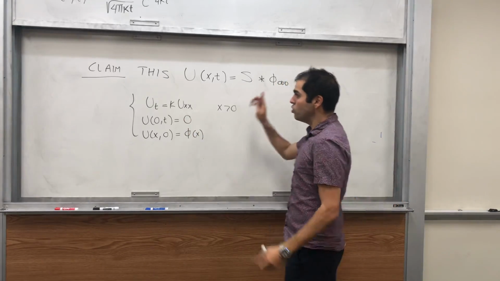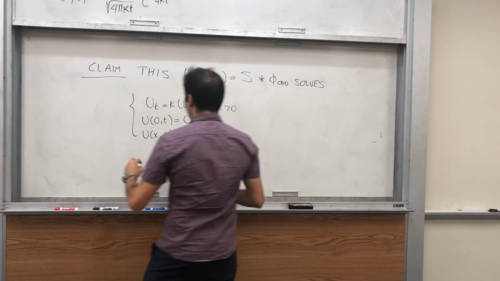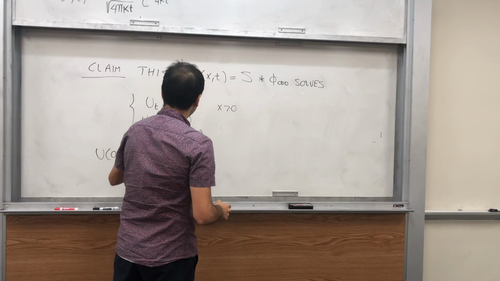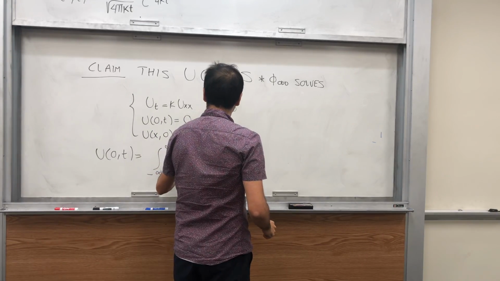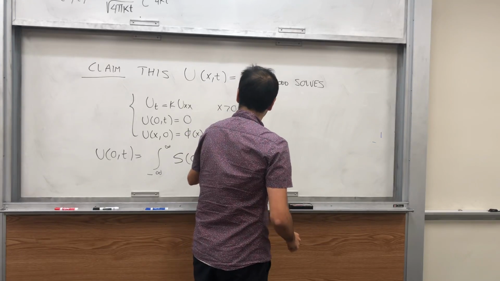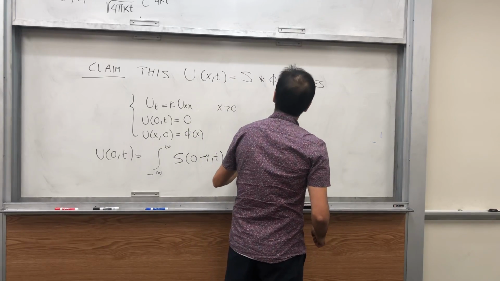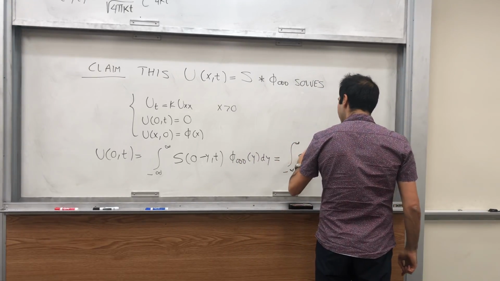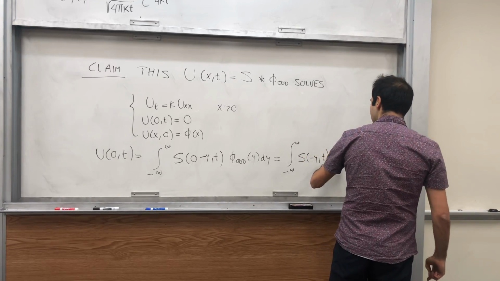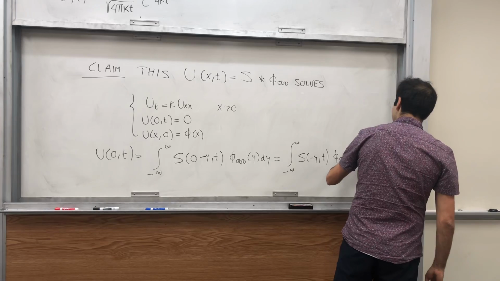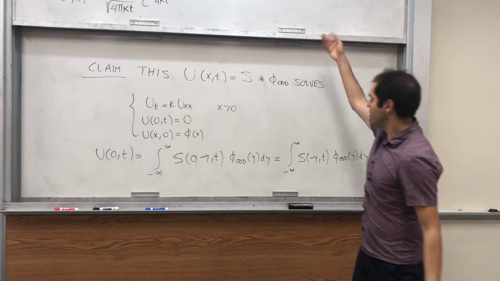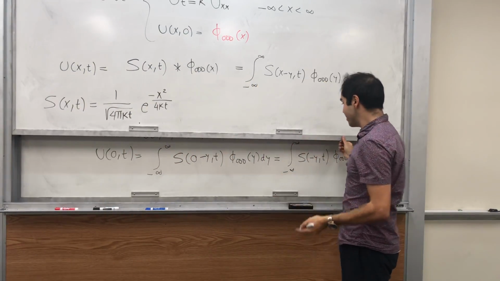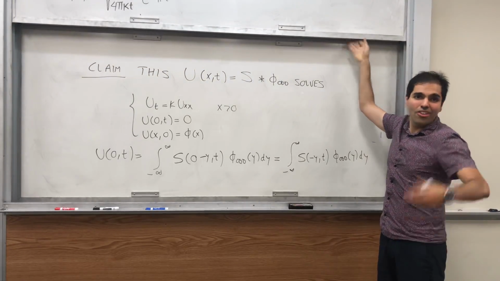Now, what about u(0,t)? Well, let's plug this in. By definition, u(0,t) is the integral from minus infinity to infinity of S(0 minus y, t) phi odd of y dy. And that's the integral of S(minus y, t) phi odd of y dy. Now, let's look at S. Notice S is even in x, so S of minus y is also even.